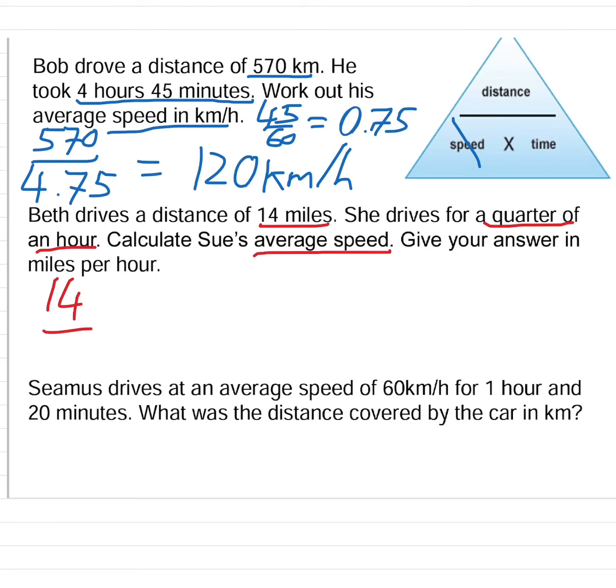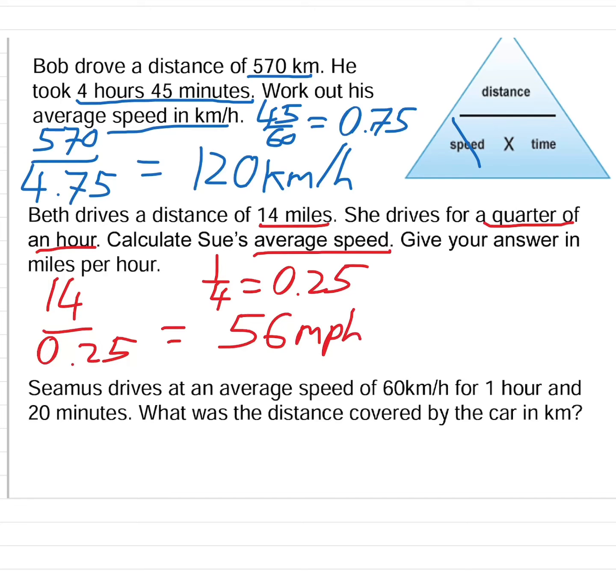Now, a quarter of an hour, which is 0.25. So let's do 14 divided by 0.25. And we have 56. So then it's 56 miles per hour.